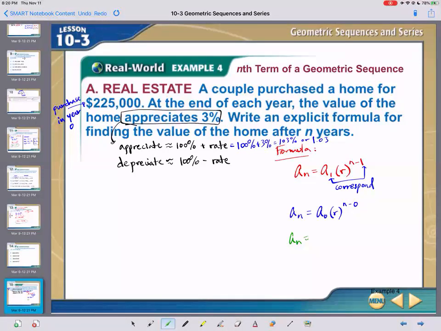We do know the original cost of the house is $225,000 times the rate of 1.03 to the power of n. That's plugging in the A_0 and the rate. That would be my formula there. And it would also find the value after that many years. After n years, I should say. So let's see what part B has to tell us.